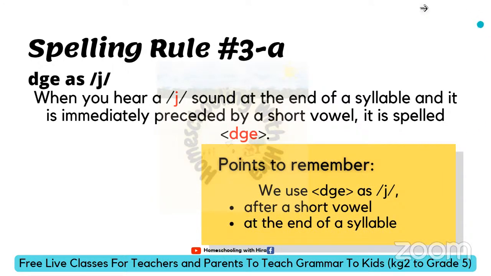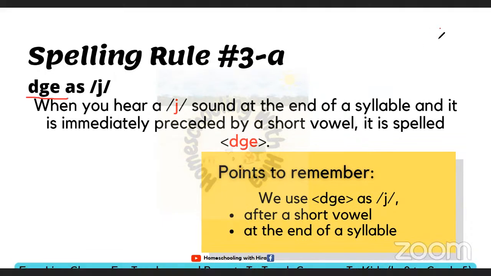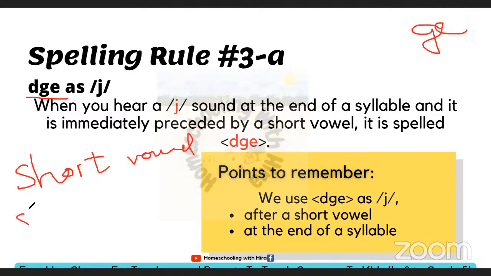Spelling rule for the j sound. For the j sound, I just told you that we either use DGE or we also use GE. When do we use GE as j sound at the end of English words? Remember one thing, short vowel sound and short word. Spelling rules mostly depend on the vowel sound and the length of the word.